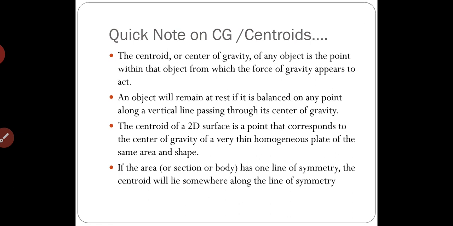So it means if the left part of a body about that axis is the mirror image of the right part, then that is a line of symmetry. And if it is in two dimensions, then the intersection of those two lines of symmetry will be the point of center of gravity or centroid.